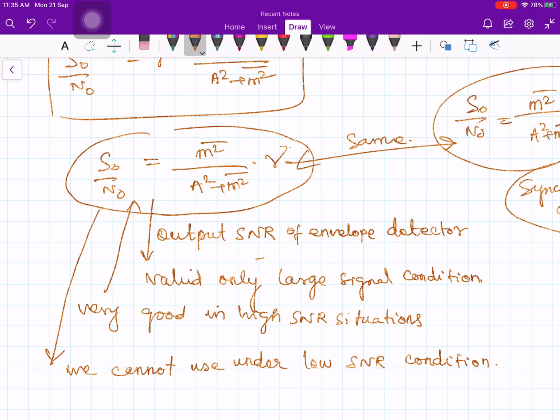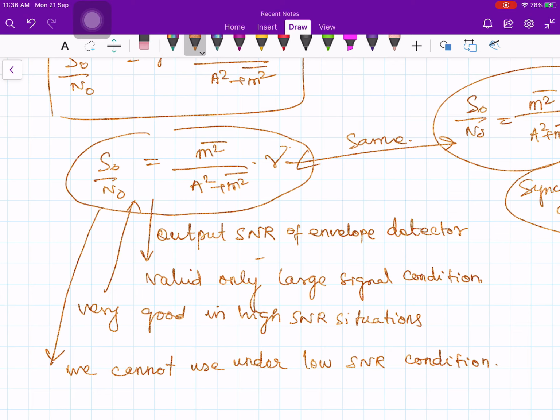In high SNR situations you can use it. We don't lose any further information in terms of power efficiency if we use the envelope detector rather than the synchronous detector. In the high SNR situation there is no loss, so you can just go out and use the envelope detector without thinking twice, because you will not lose any performance.